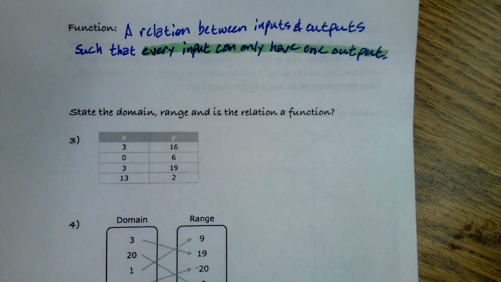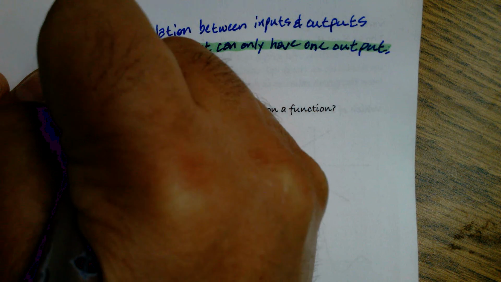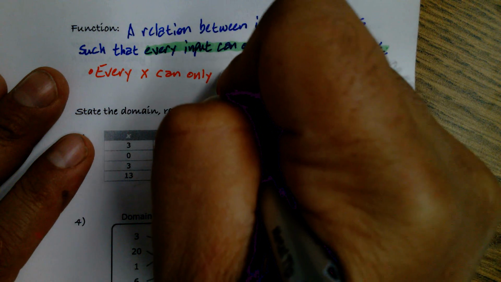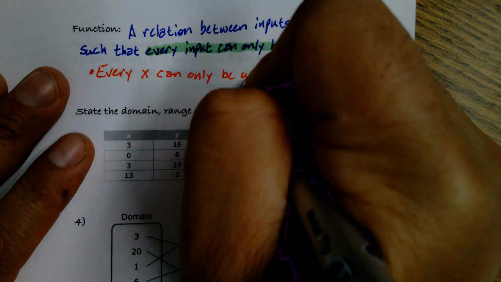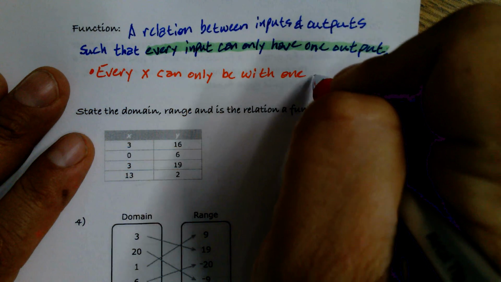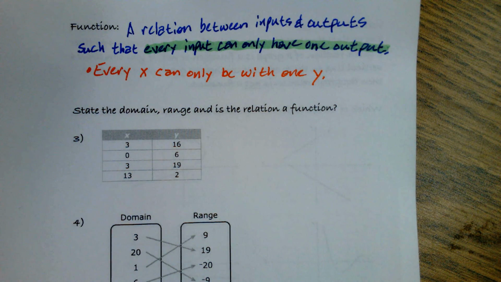So if we're saying it that way, every x can only be associated or be with 1 y. Every x can only be with 1 y.